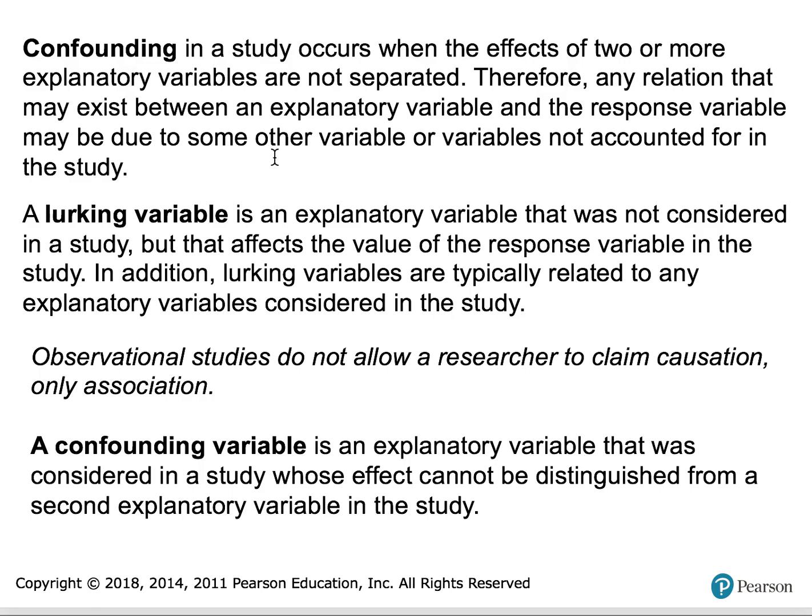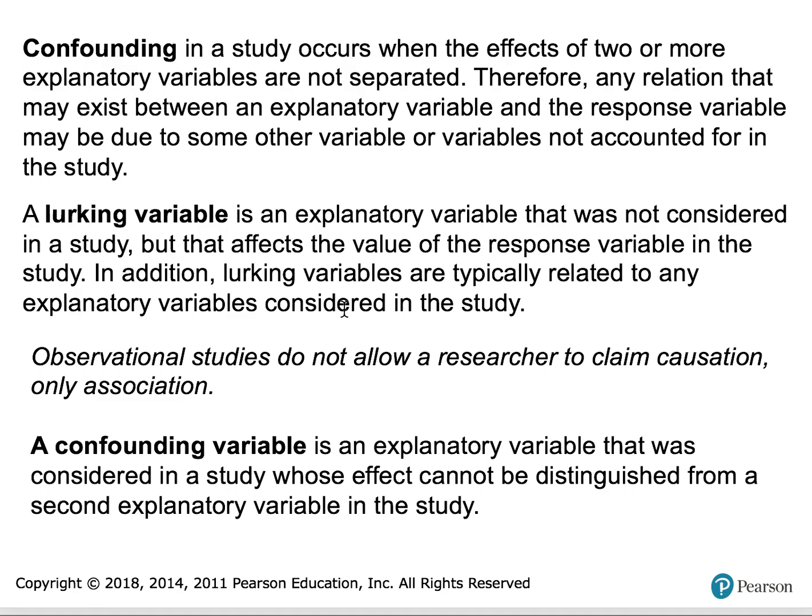Often, the cause of confounding is a lurking variable. A lurking variable is an explanatory variable that was not considered in a study, but that affects the value of the response variable in the study. In addition, lurking variables are typically related to any explanatory variables considered in the study.